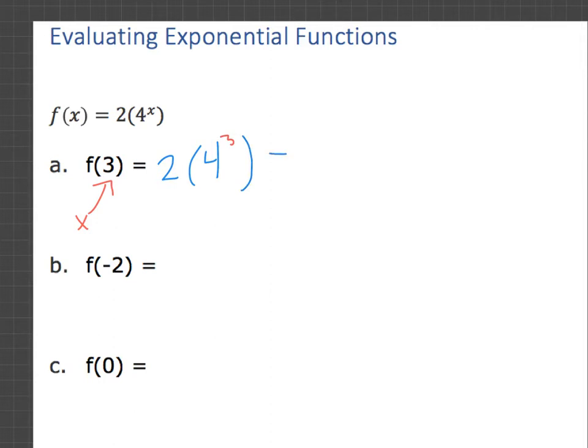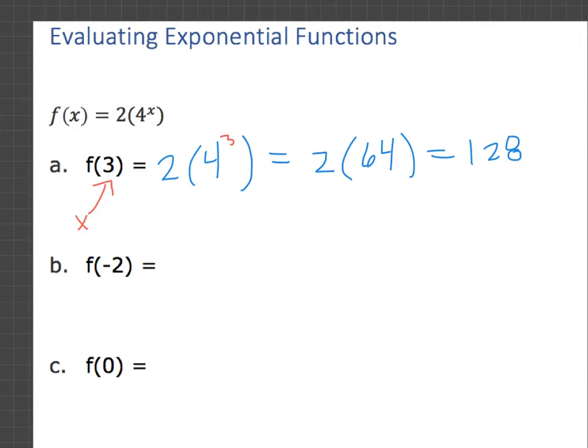Now, remembering our properties of exponents and order of operations, that 2 stays out in front, and we first apply the exponent of 3 to the 4. It only applies to the 4 because the 2 is just out in front. We do the exponent first. 4 to the third is 64. Now we multiply by 2 and we get 128.